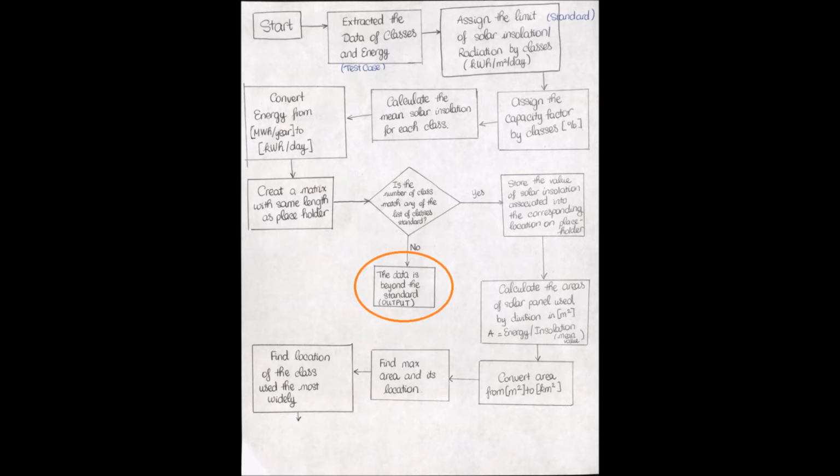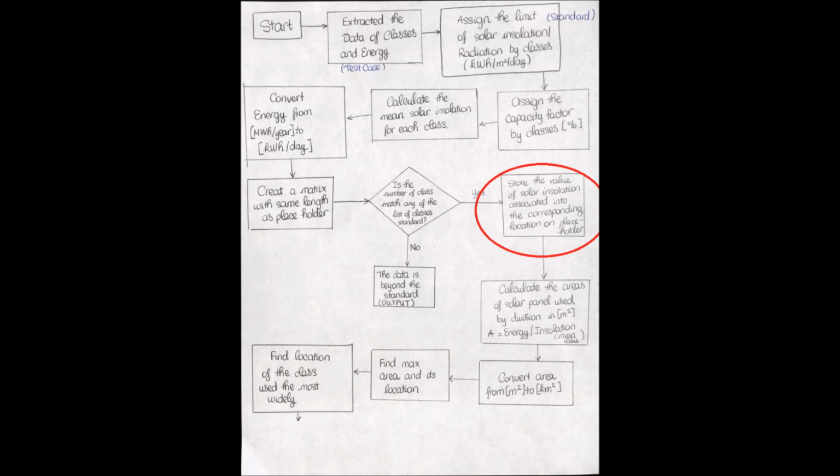That is a limitation that we have. Our data doesn't account for that because of the lack of data, and we just have to terminate the code. However, that is not the case, and the classes do match, so we just go on to step 8.